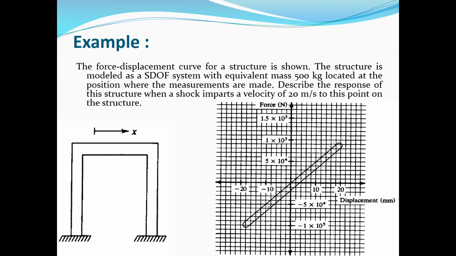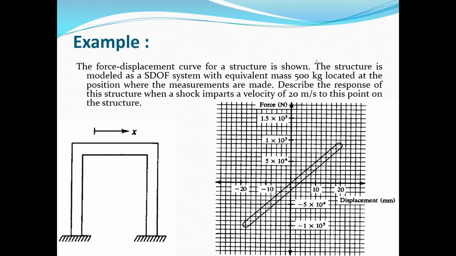So we will have the energy dissipated. We have the initial condition, where initial velocity is 20 meters per second and initial displacement is 0. We have the mass of the structure, which is 500 kg. So we need to find the stiffness of this structure and also the damping ratio, or in fact, the equivalent damping ratio.